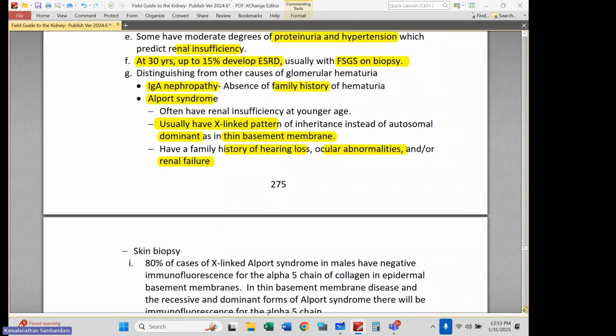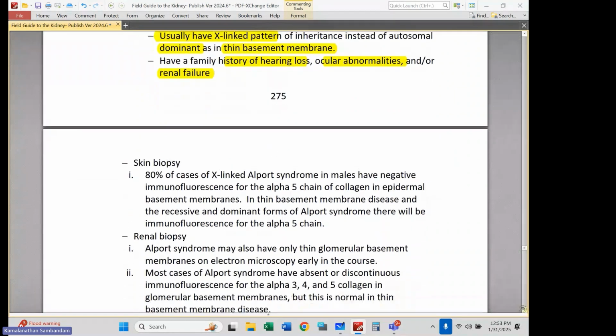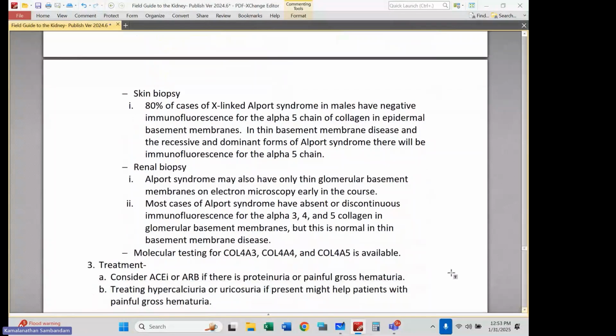If I have a family history of hearing loss, eye abnormalities, or renal failure, obviously that's pointing towards Alport syndrome. Now, I can also use the skin biopsy to make the distinction between thin basement membrane and Alports. I can use a renal biopsy. In X-linked Alports, remember, these individuals will typically have that negative immunofluorescence for the alpha-5 chain if I'm a male with an abnormal alpha-5 chain in my type 4 collagen, right?